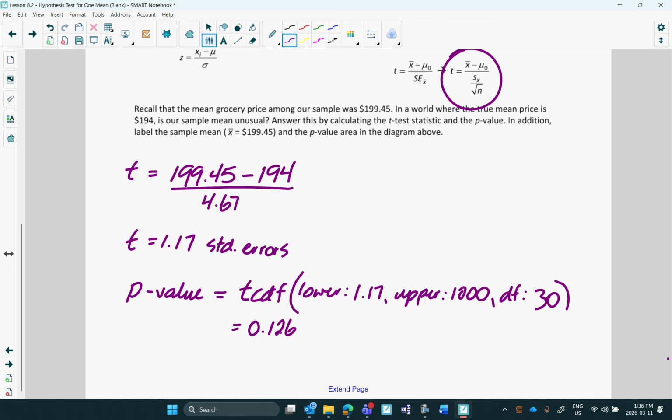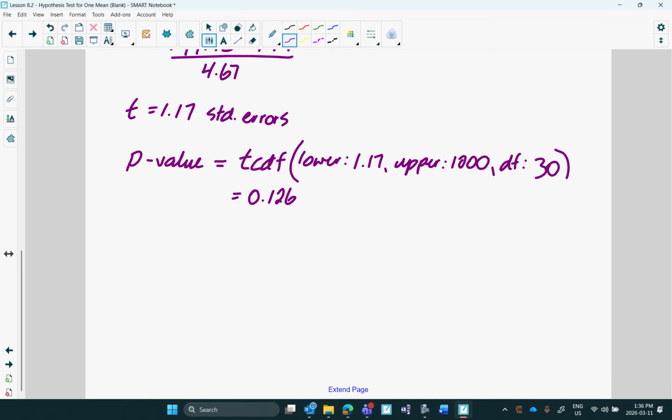Okay. Remember, we said anything over 5% is not considered unusual. Anything under 5% is considered unusual. And remember what the p-value does, okay? Because I know some of you had some difficulties with explaining this, okay?